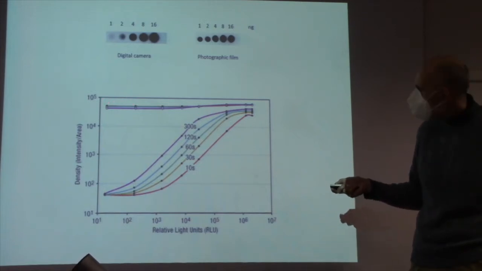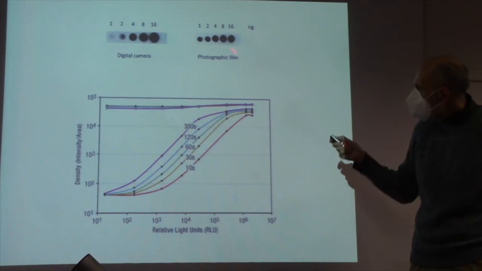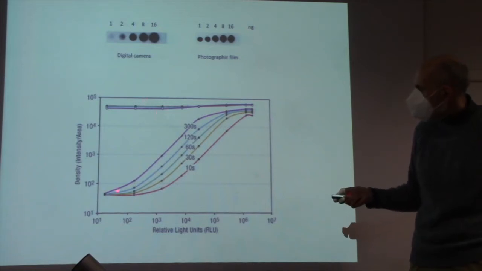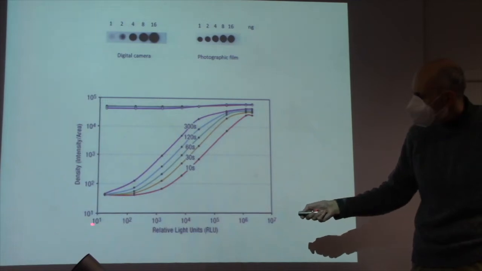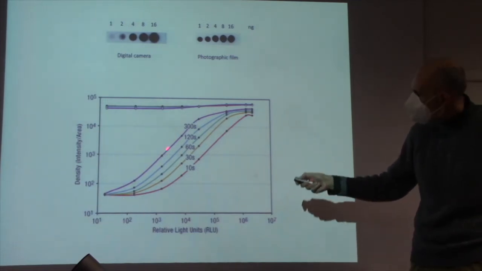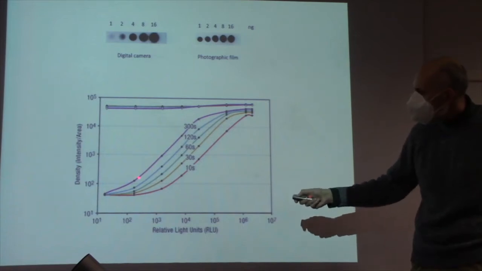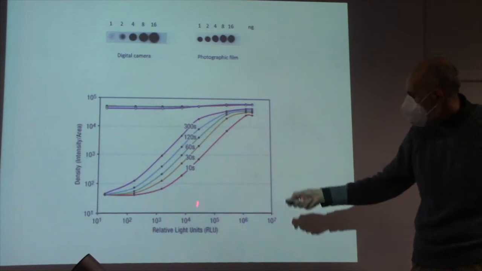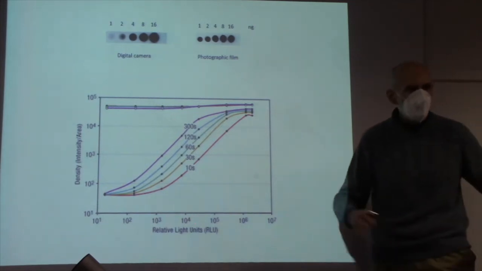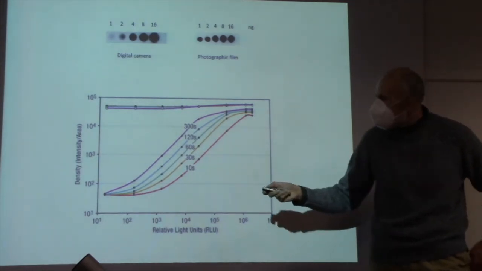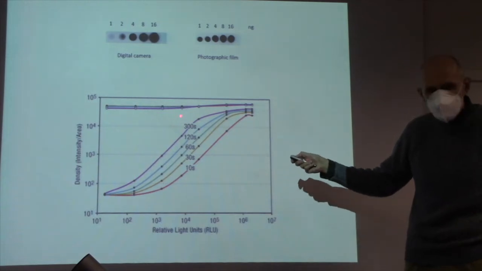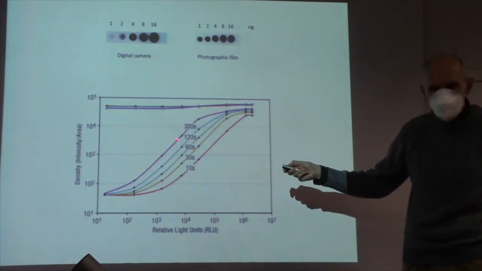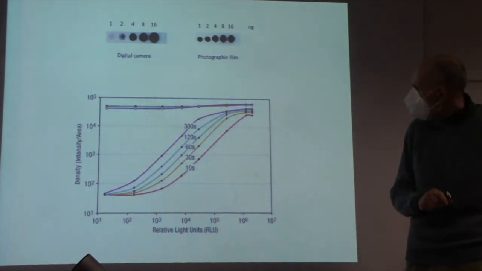On the other hand, with a digital camera, the sensitivity is lower. You have very low density when light is low. But on the other hand, you have a wide range of linearity. So between, say, 10 to the 2 and 10 to the 4, the 100-fold range, the density increases with the amount of light.